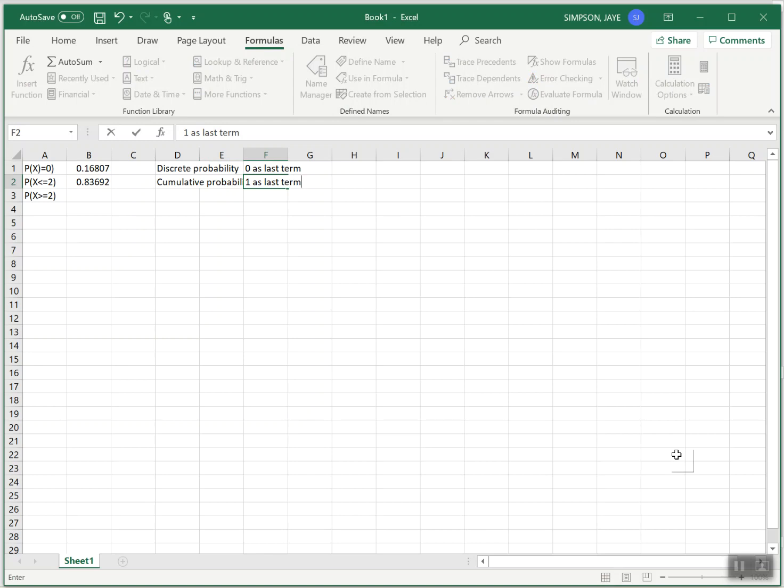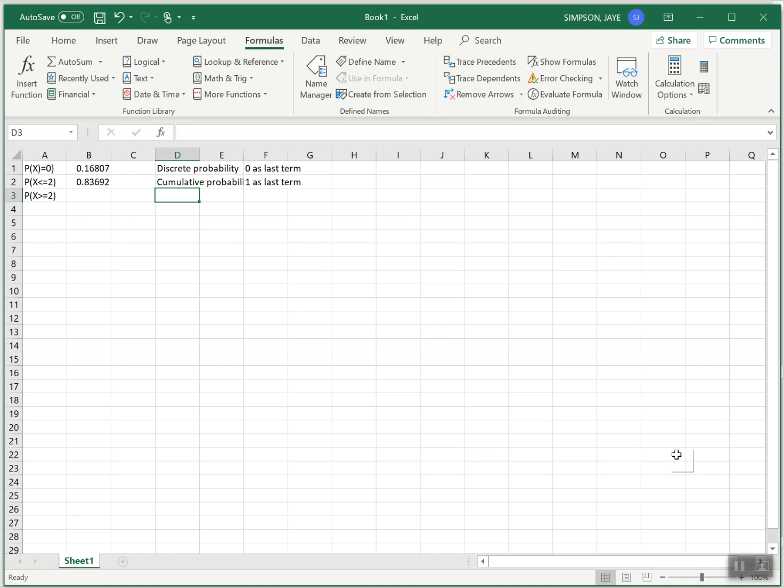Well, we're not looking for a discrete or a cumulative here. We're looking for a greater than or equal to. So this is a different one. Because we want a greater than or equal to, we're essentially looking for the complement of the cumulative probability. So we don't want what's adding up, we want what's left.